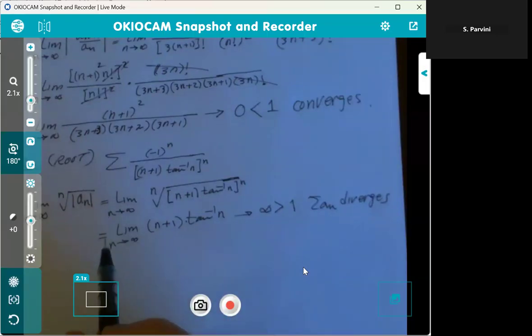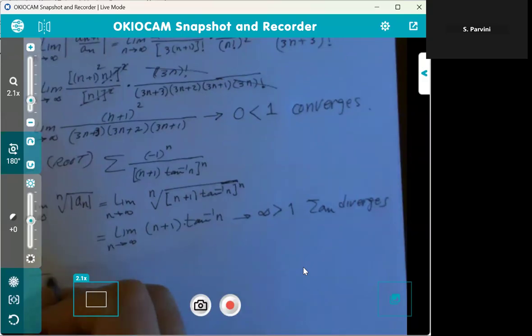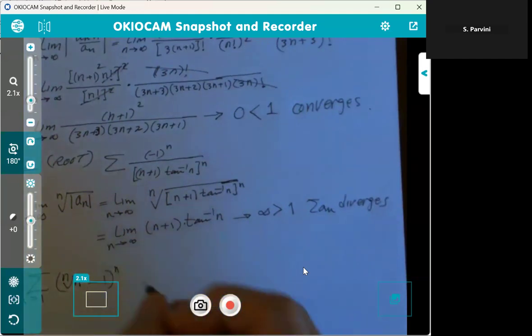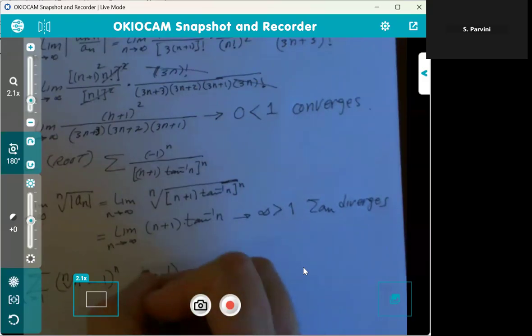Now let's change this one ever so slightly. I'm going to write it as a sigma of the nth root of n, minus 1, to the power of n. And we're going to take the root test with this one.